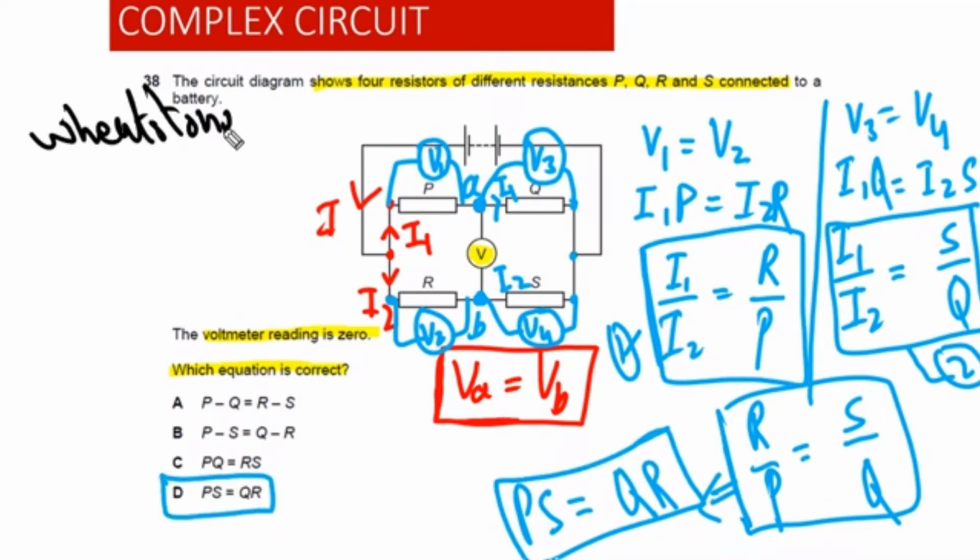This is a Wheatstone bridge circuit. If the reading on the voltmeter is equal to 0, we can say the Wheatstone bridge is balanced.